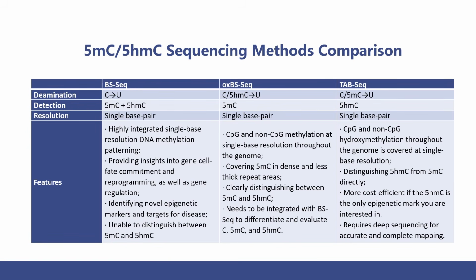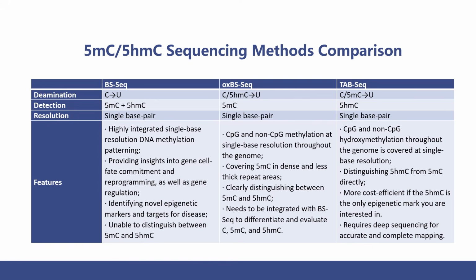In the oxidative bisulfite sequencing process, 5-methylcytosine is retained, while 5-hydroxymethylcytosine is oxidized and then deaminated to uracil for sequencing. By comparing the sequencing of oxidized and untreated samples, 5-methylcytosine and 5-hydroxymethylcytosine can be distinguished from each other at a single base level.